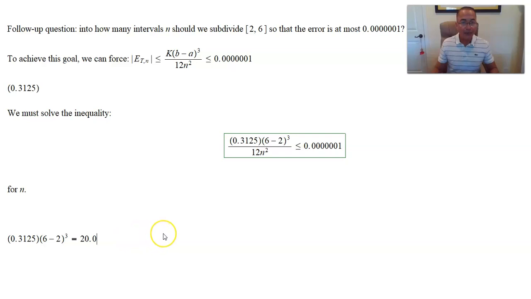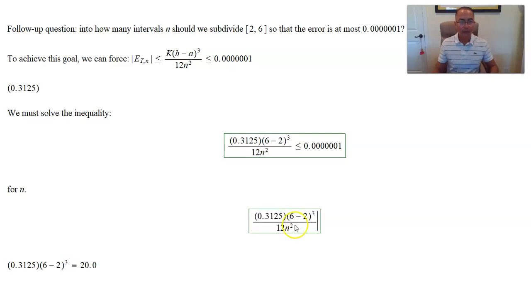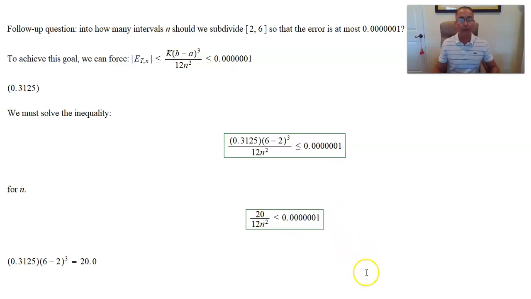But we want over 12. Let's just keep it as 20. So we get 20 over 12n squared is at most 0.0000001.